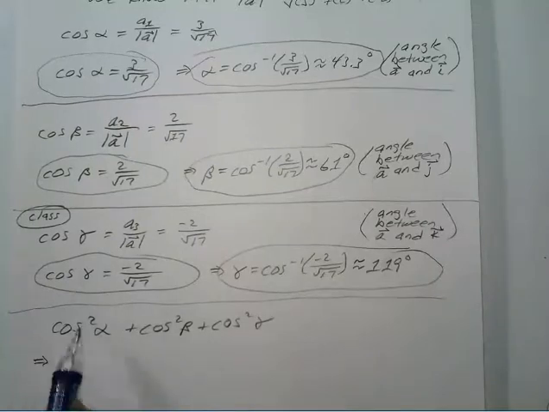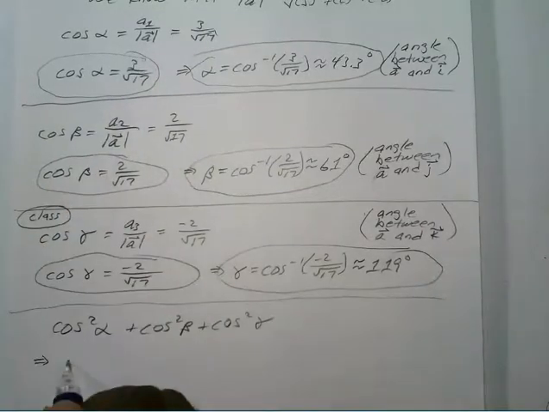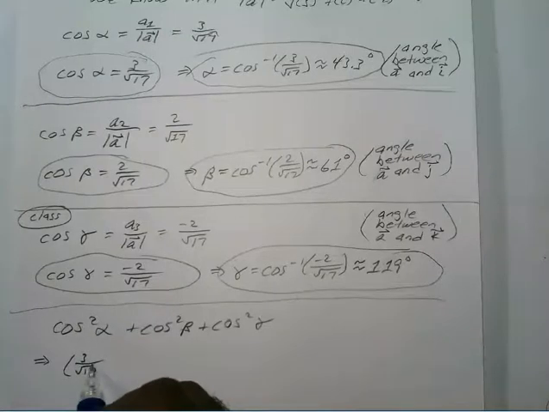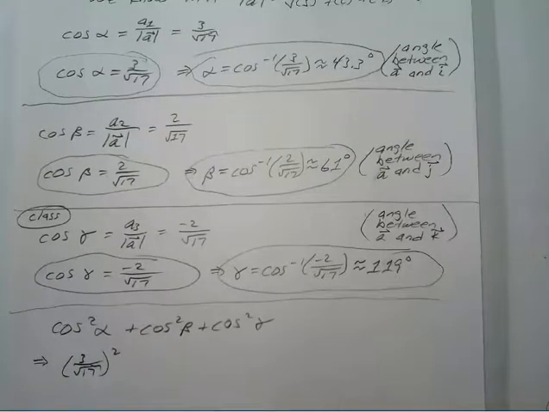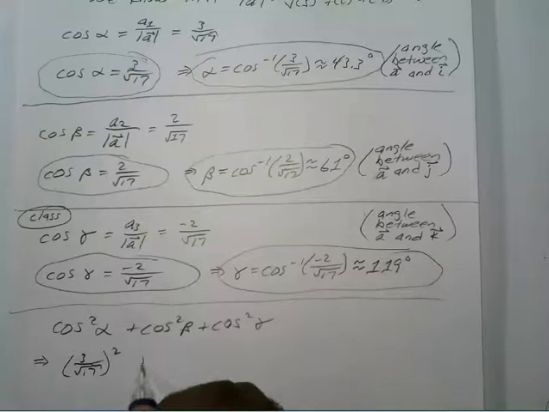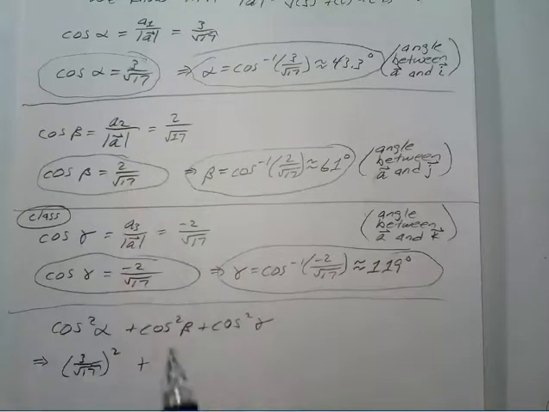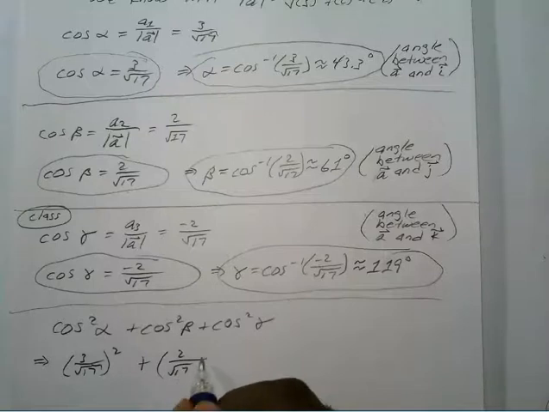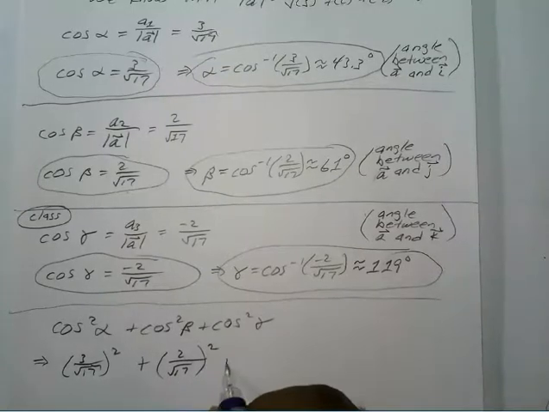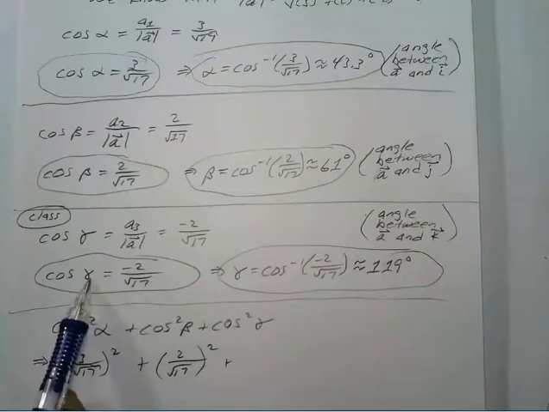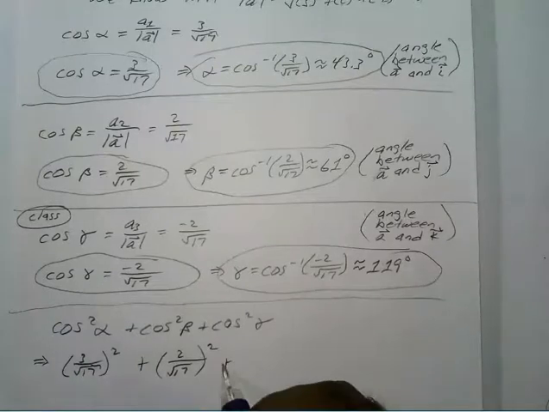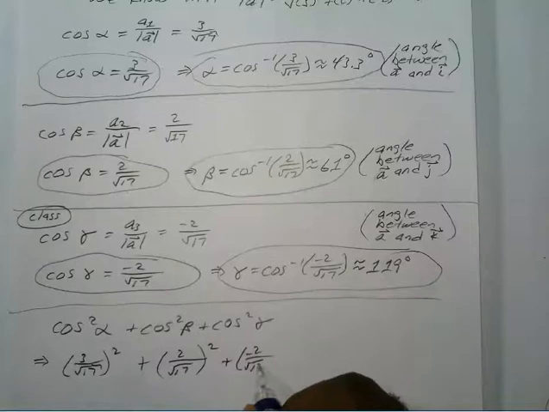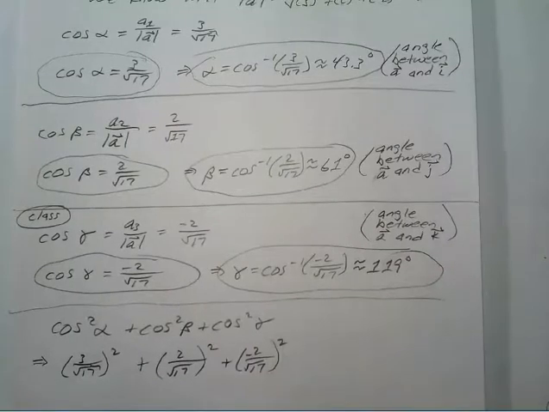Okay, so our cosine alpha is 3 over square root of 17, so that's 3 over square root of 17 squared. Plus our cosine beta is 2 over square root of 17, so that's 2 over square root of 17 squared. Plus our cosine of gamma is -2 over square root of 17, so that's -2 over square root of 17 squared.